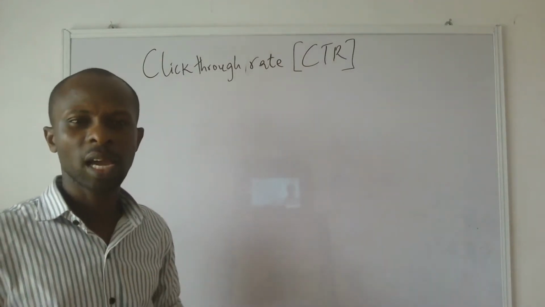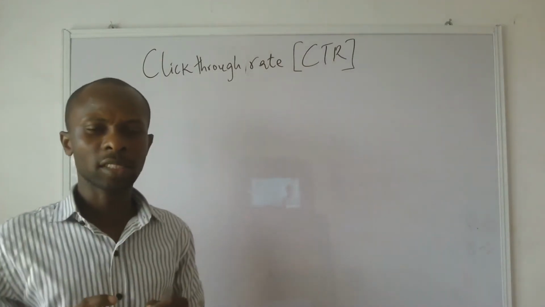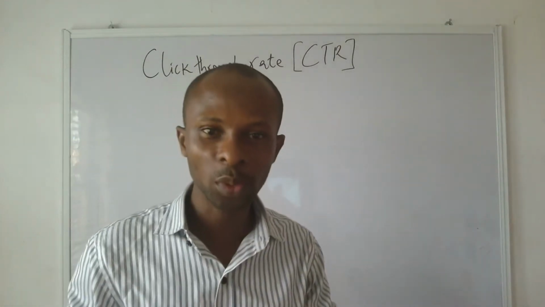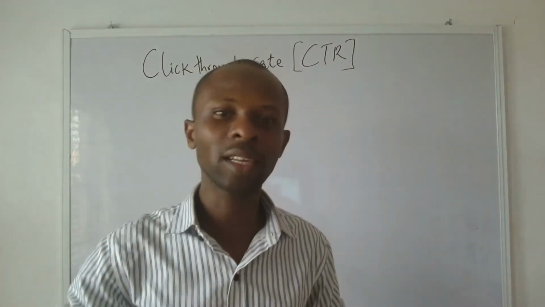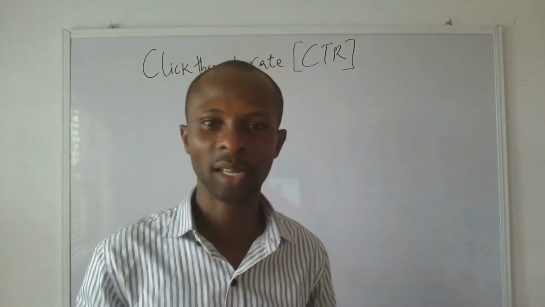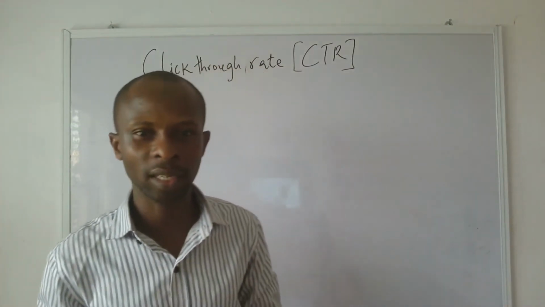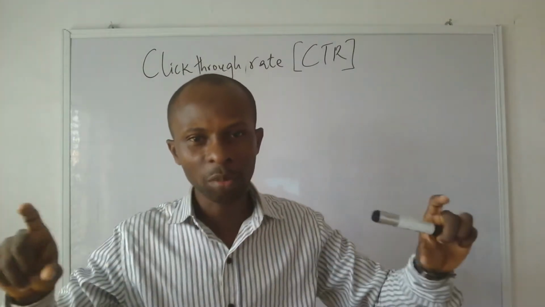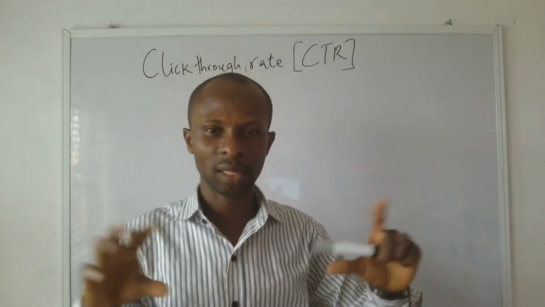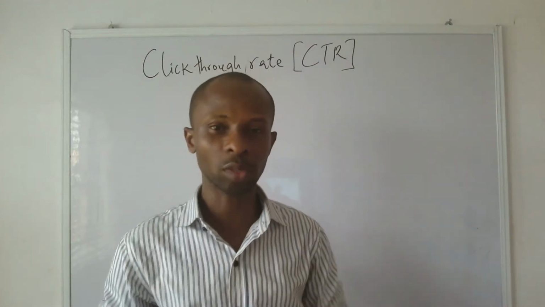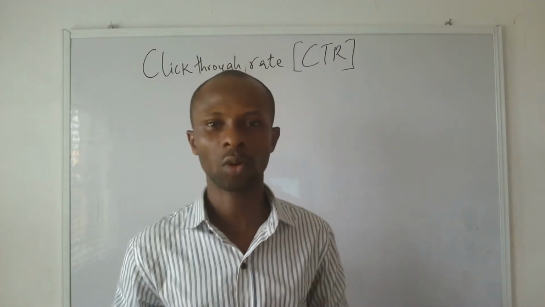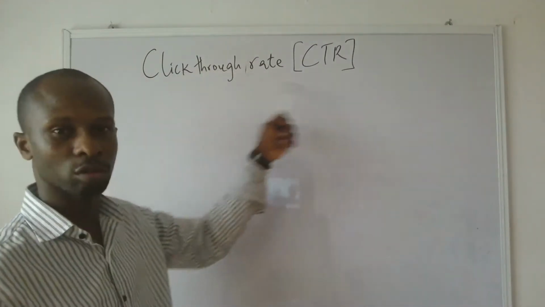It's a metric that measures how many people click on your link to see your website. When they see your link on the search engine results, with your description, your metadata and all, how many of those who see it actually click on it to go and check what you have to offer? That's the meaning of click-through rate.